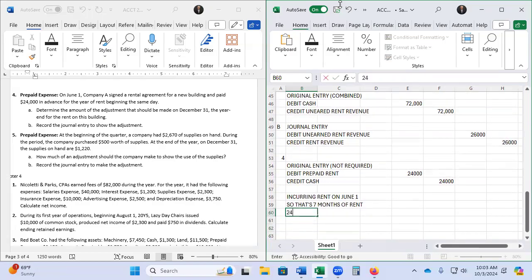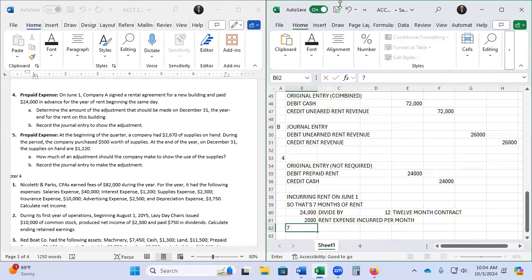So we take 24,000. We're going to divide by 12 because it's a 12-month contract. So I think that's going to come out to 2,000. So that's 2,000 rent expense incurred per month.